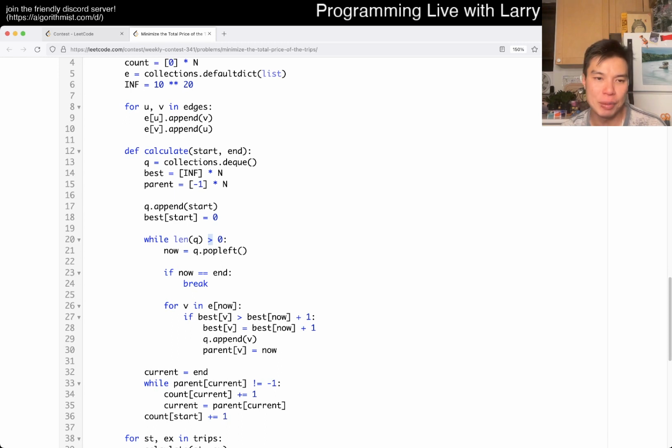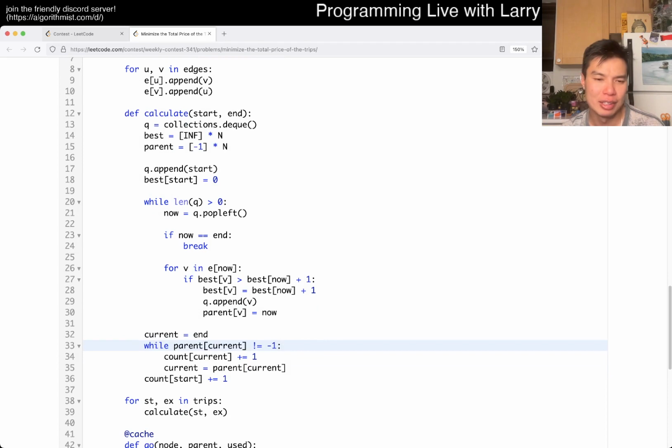But I set up the path reconstruction, which is actually kind of useful because I think we did it on a daily problem, or maybe the weekly problem, very recently, like either yesterday or the day before. You can check me on that one. In any case, I just wrote the path reconstruction, basically visiting each node once and incrementing them.